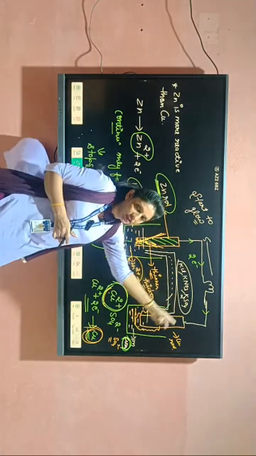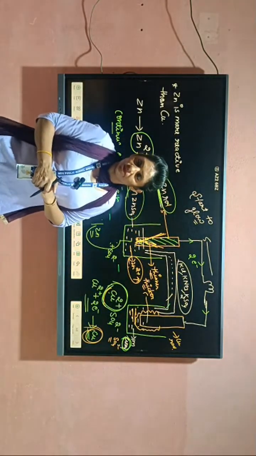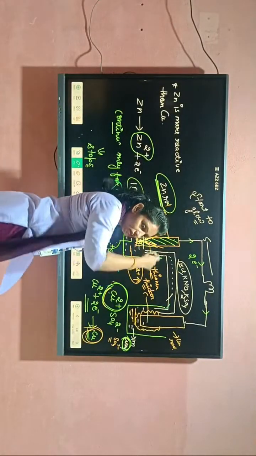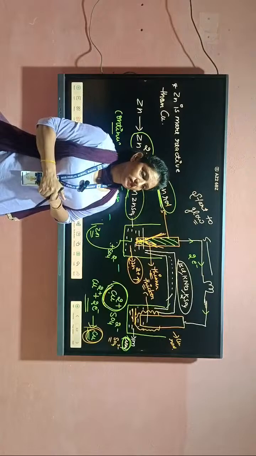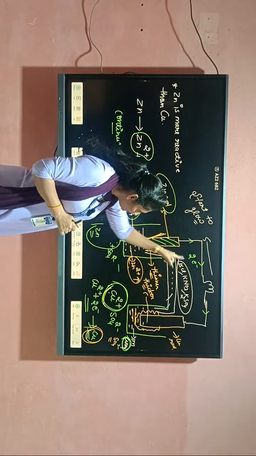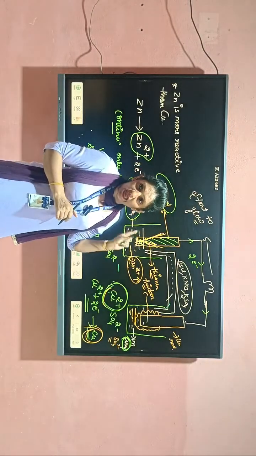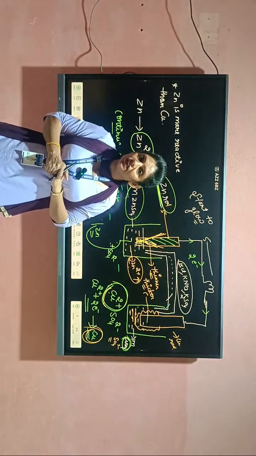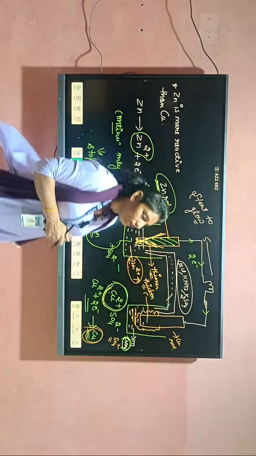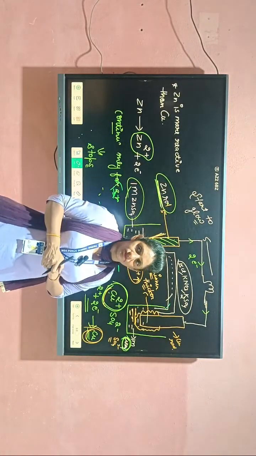Then we will fill the electrolyte of this one also. Why? Because potassium is the most reactive metal, so it cannot be replaced by the others. So it will not affect the concentration here.